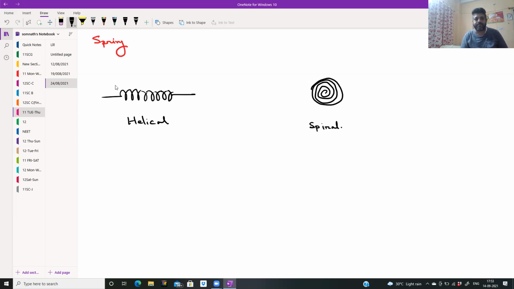Now this is the length of the spring. Suppose I'm putting a spring here, and this is the initial position, which is also called mean position.